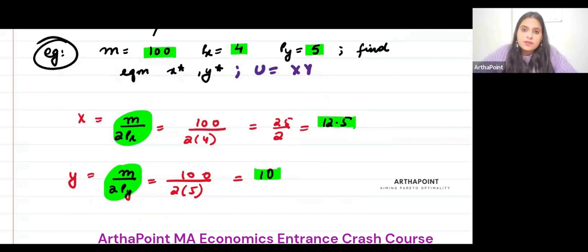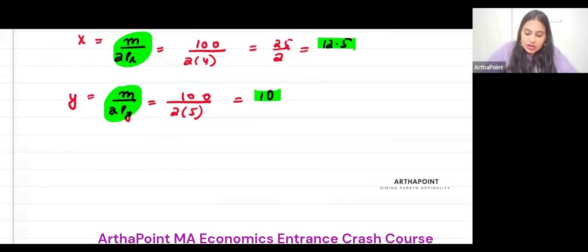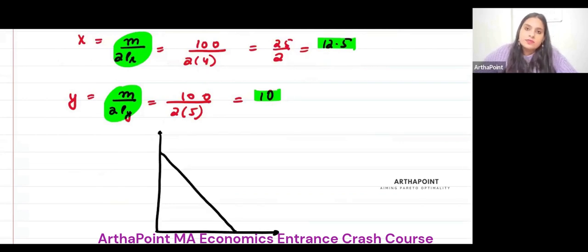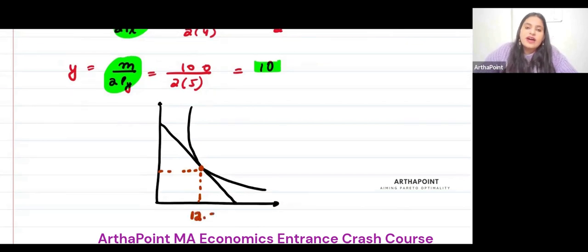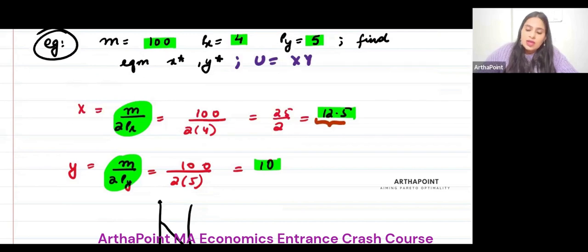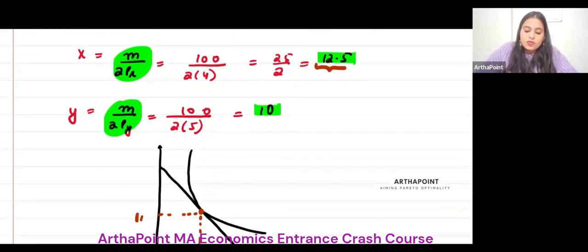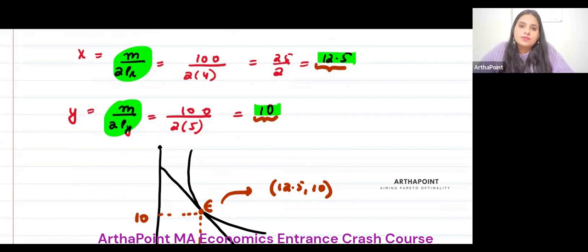What does this mean? This means that if I take a budget line and I take a utility function, then this point of my equilibrium, this tangency condition, is where I consume 12.5 units of good X and 10 units of good Y. This is what the equilibrium is telling me.